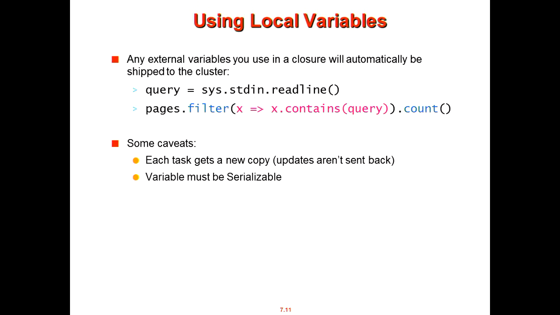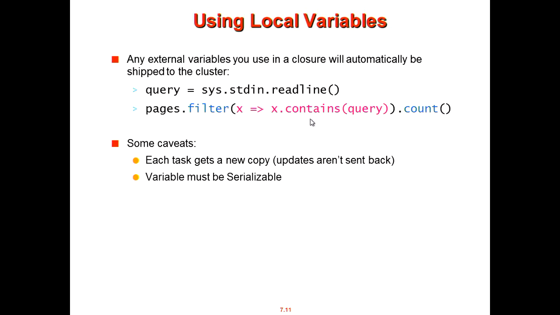And if there are some partitions, say 4 partitions, then there will be 4 workers used to do this job, and each worker will get a copy of this query. So this external variable will be pushed together with the closure by Spark to the cluster nodes.